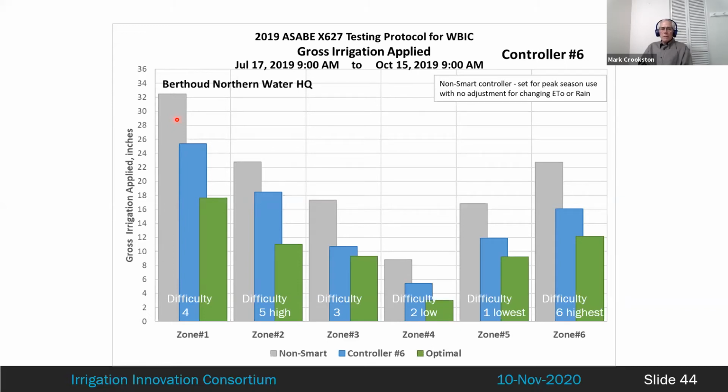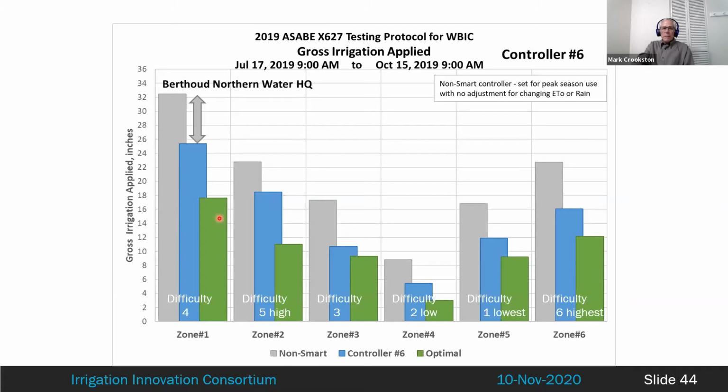It's simply what a big chunk of controllers installed throughout the United States actually do. The blue bar is the performance of this better controller, one of these top controllers, number 6. How did it perform? And the green bar is what the optimal controller, or the pseudo controller, would do if it properly walked through the same weather data and the same zones and specifications.